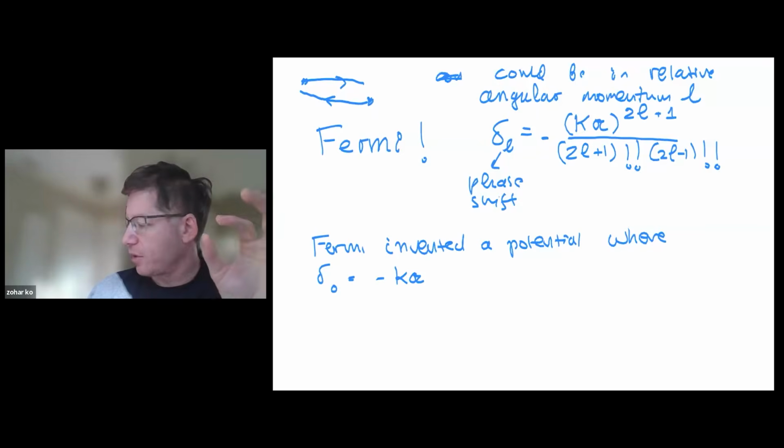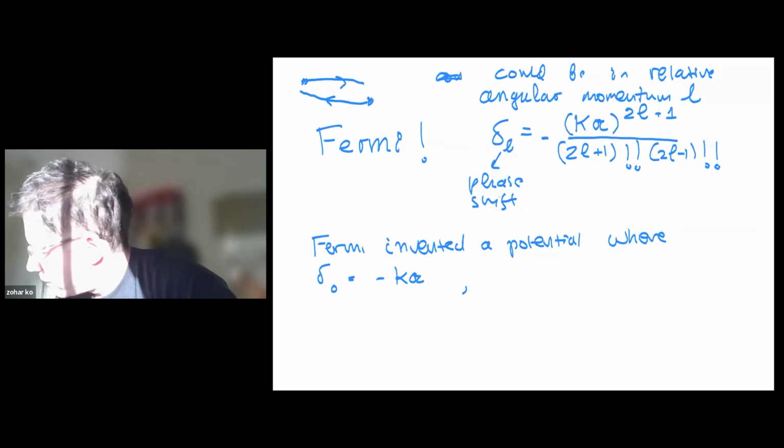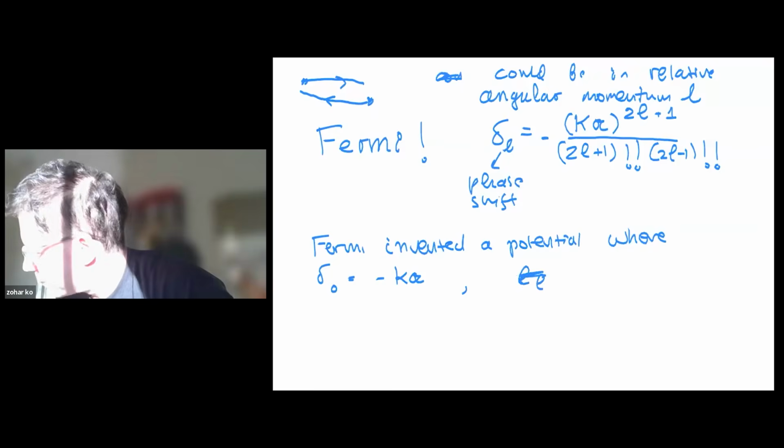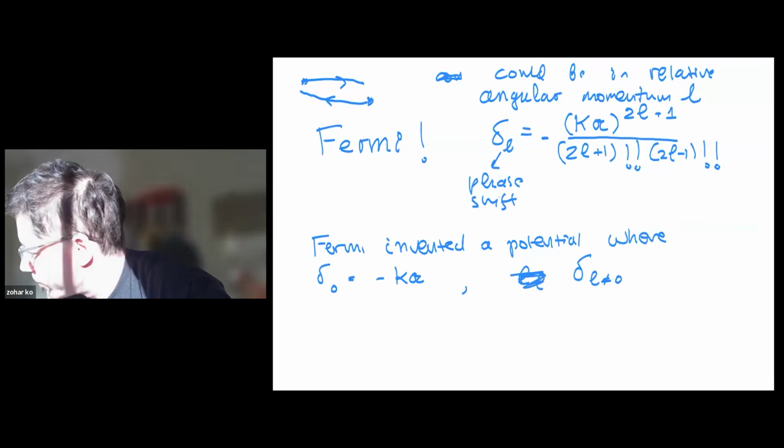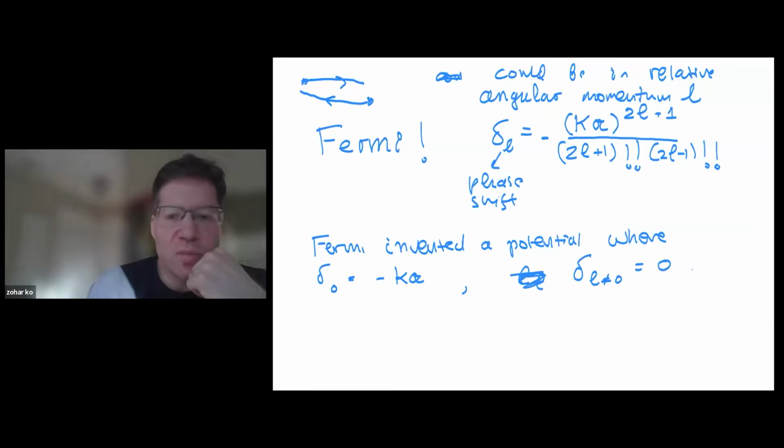So Fermi invented the potential where there is scattering in the S wave, but the scattering phases for all the non-zero angular momentum identically vanish. It's kind of a small lie to say that it's a potential.